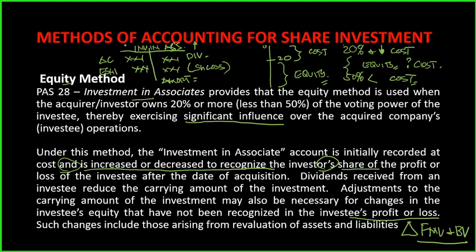If after some time the balance decreased significantly, then it also shows, nire-reflect na, di ba? It shows that the performance of the subsidiary is not good or the equity is also decreasing. Okay, so ayan. Kaya nga lang, because of these complications, this is not favored.